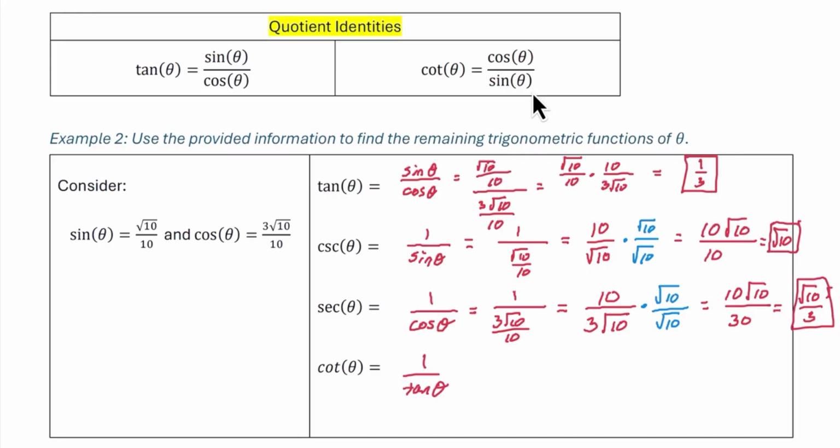We have options, and in this case, if we use this version of cotangent, we'll have to deal with 2 different substitutions, whereas if we just think of cotangent theta as the reciprocal of tangent, and we already have tangent, we can simplify this a little bit easier. So that will be 1 divided by tangent we found to be 1/3. And then we can simplify this to get 3.